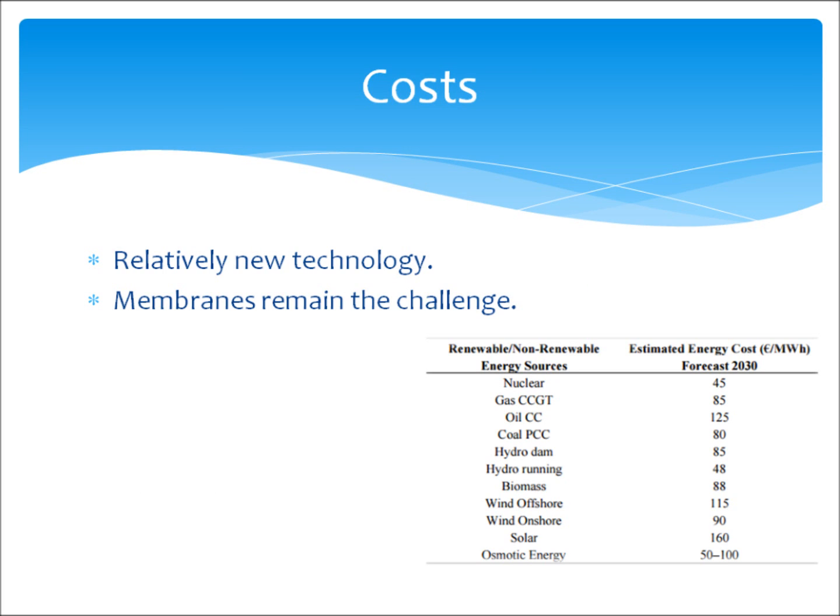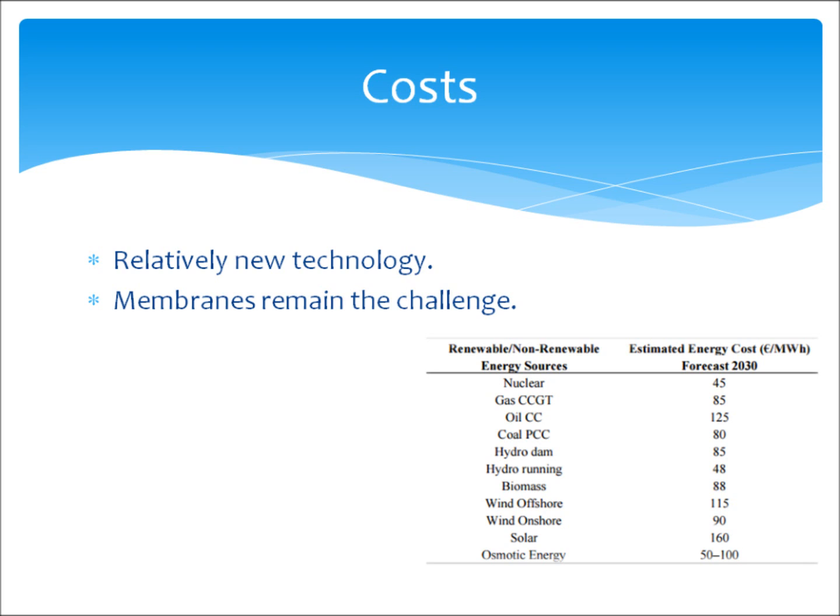Osmotic power is still a relatively new technology, so there's not much information on the costs associated with this technology besides Statkraft's prototype power plant. Statkraft estimated it would be cost comparable to other renewables by 2010 or 2015. This is yet to happen. Inefficient membranes still remain the highest cost and determining factor in whether an osmotic power plant is built or not.